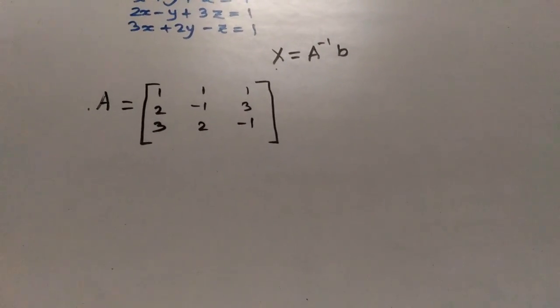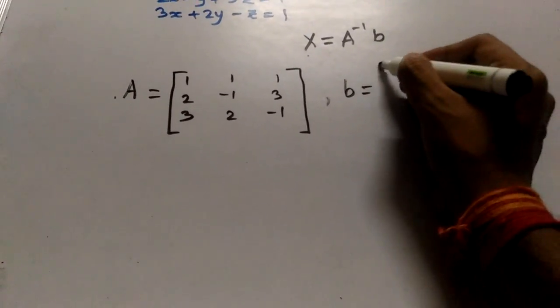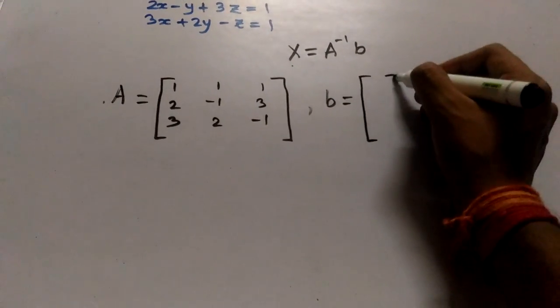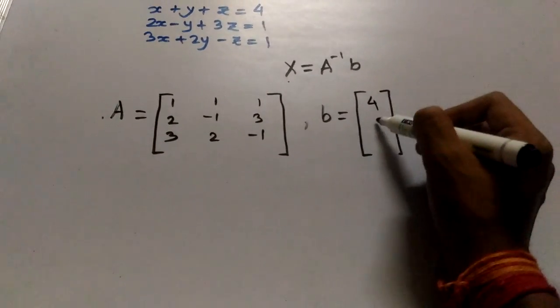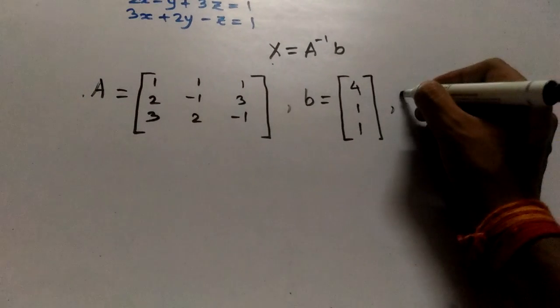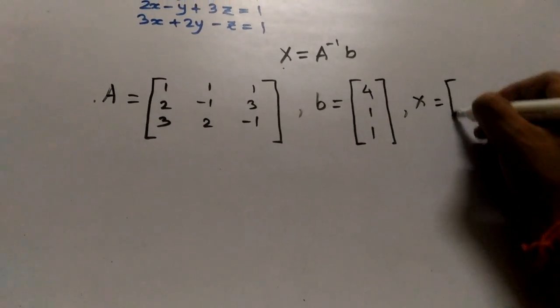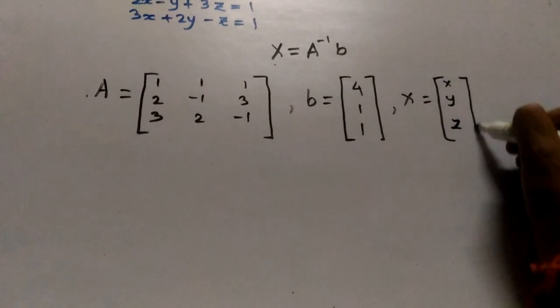So this forms A. Now B. B is nothing but the constant terms in matrix form: 4, 1, 1. Last but not the least, X. X is nothing but the variables themselves, that is x, y and z.